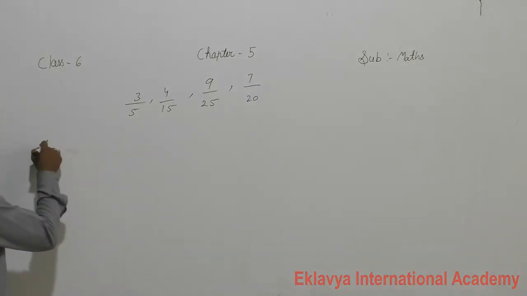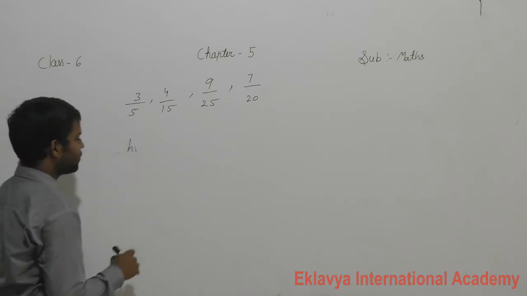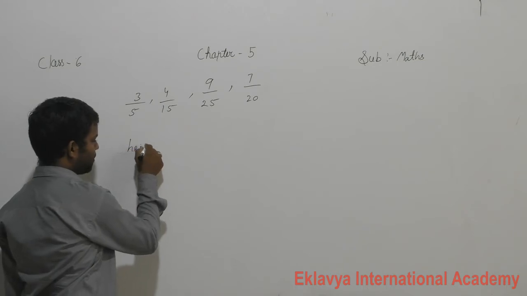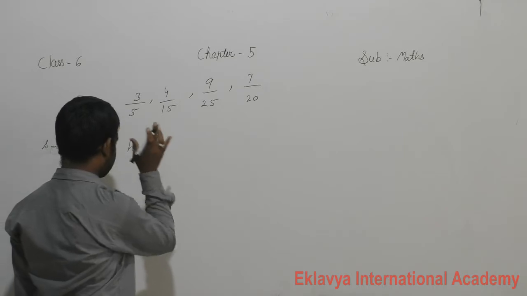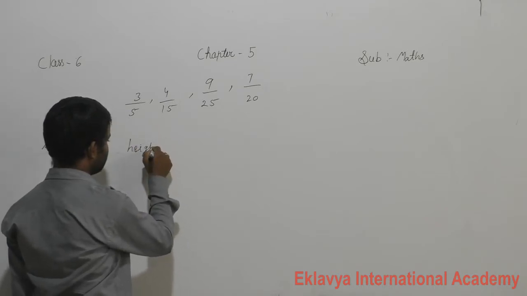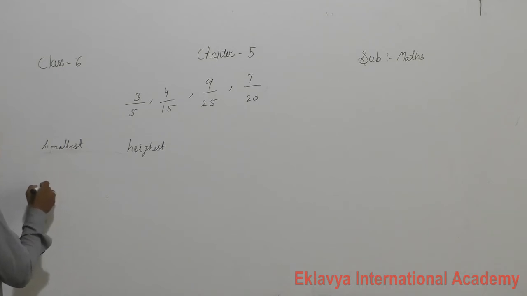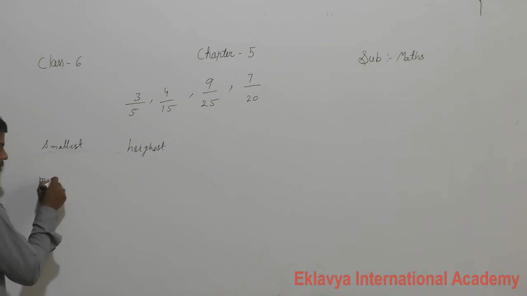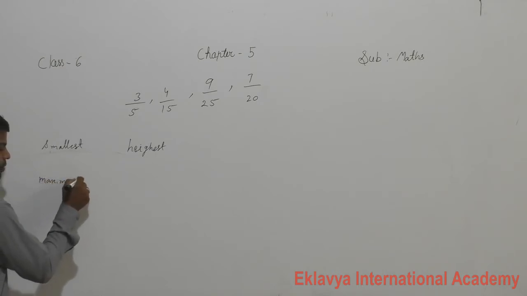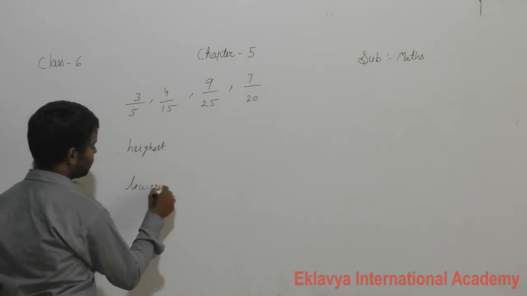If we write here smallest, then highest, otherwise we write here maximum value first, then lower value.